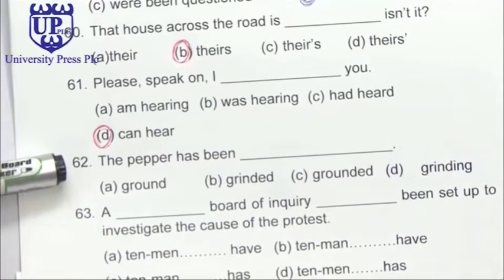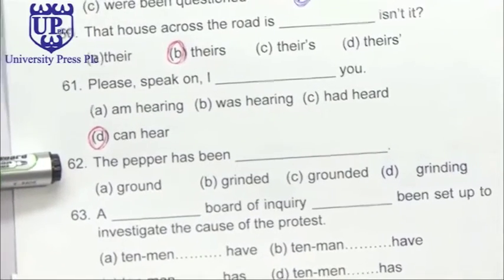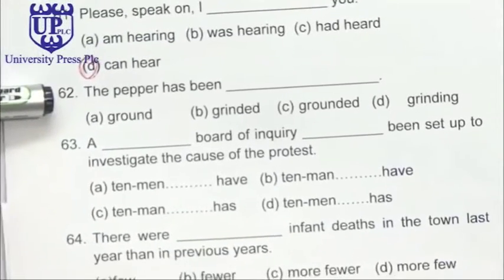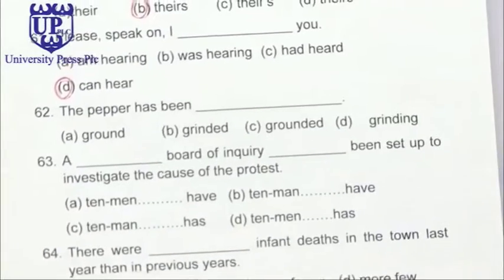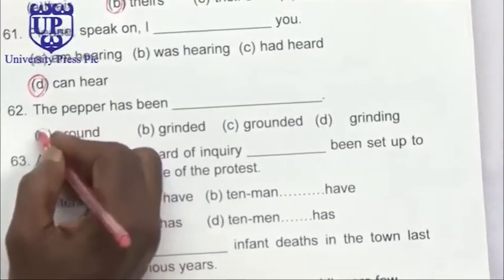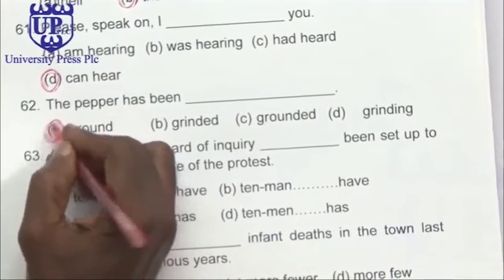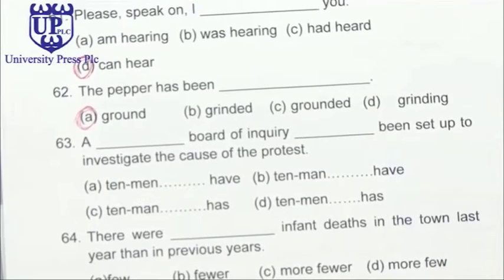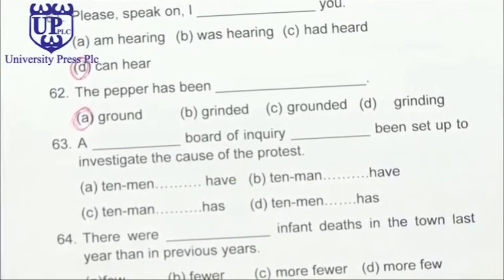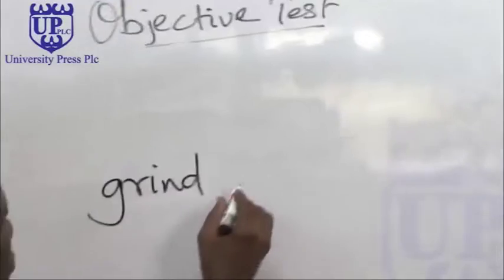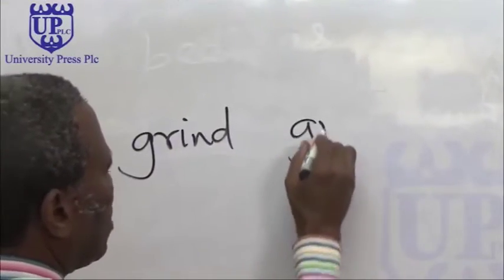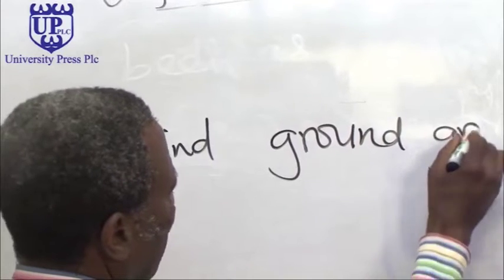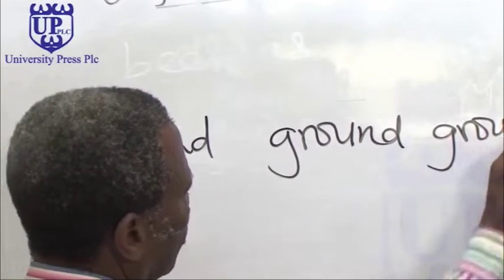Number 62: the pepper has been dash. Usually you have people saying has been grinded. It's not right. The correct answer is ground. The present tense is grind, the past tense is ground, and the past participle is also ground.